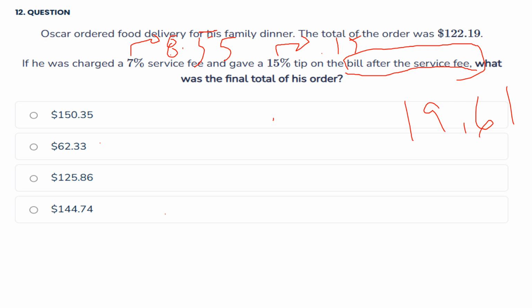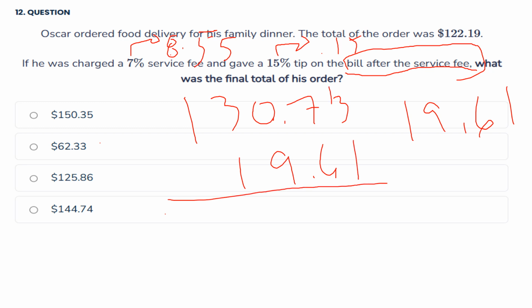All right, so we have the number 122 plus 19, that's going to be $130.73. And we know that the tip is $19.61. Or excuse me, 74 cents. It was 74, not 73.